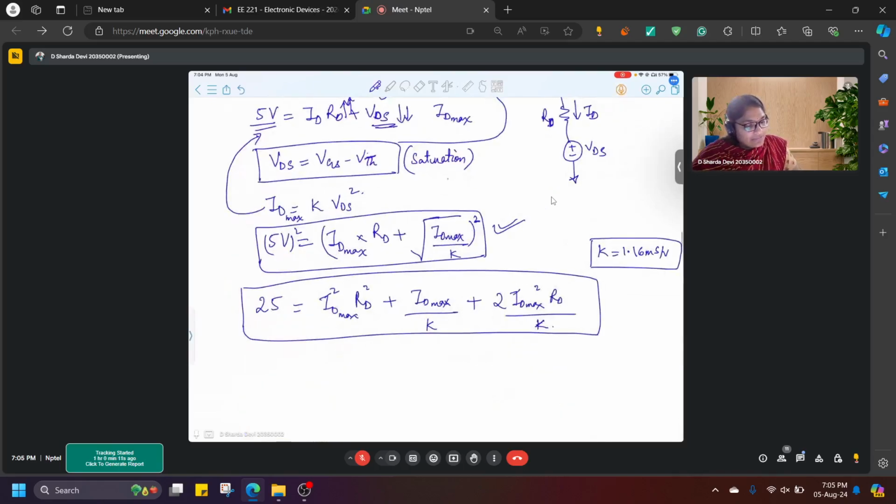With this, since it is a quadratic equation, we will get two values for ID max.